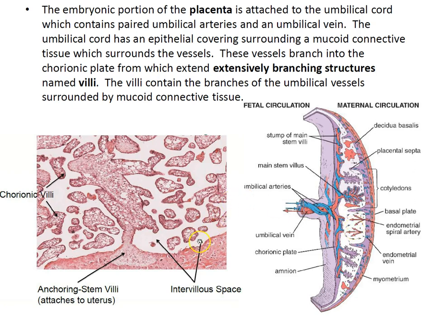It then passes over the surface of villi, where exchange of gases and metabolic products occurs. Now the maternal blood finally leaves the intervillous space through these endometrial veins. The mature placenta is divided into cotyledons by placental septa that are formed by outgrowths of decidua basalis.